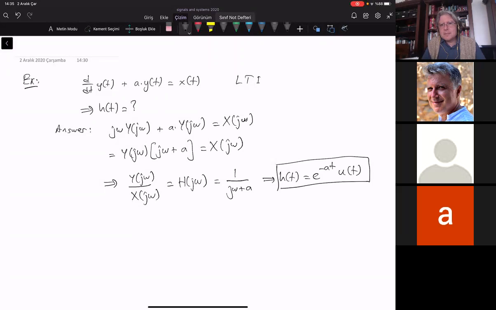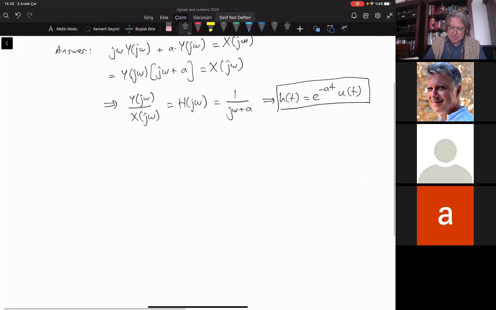We solved it. And how did we find it? We found it by taking the Fourier transform of the differential equation. That's a trick that we are going to use for longer differential equations too. As long as you have a differential equation, you can always apply this useful trick.